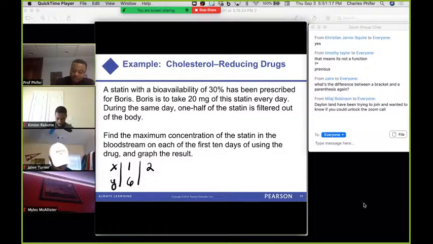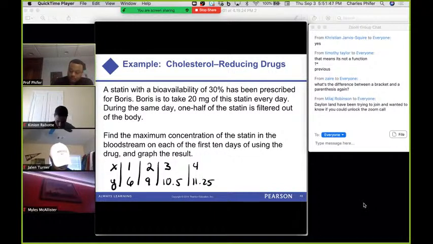Half of the previous would be 3, plus the 6 gives him 9 milligrams available max concentration on day 2. Then on day 3, half of the previous will be 4.5, plus 6 is going to give us 10.5 milligrams. Day 4, half of the previous is going to be 5.25, plus 6 is 11.25.